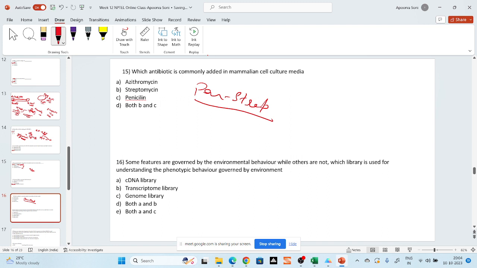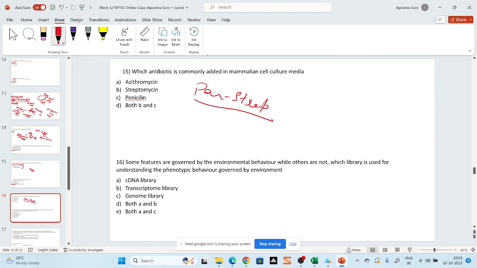Then question number 16. Ma'am, why have we chosen only these two antibiotics? See, you can have a wide range of antibiotics which can be used, but over the years with the help of various standardization processes, you need an antibiotic which performs the required function and has the least negative effect on your media.